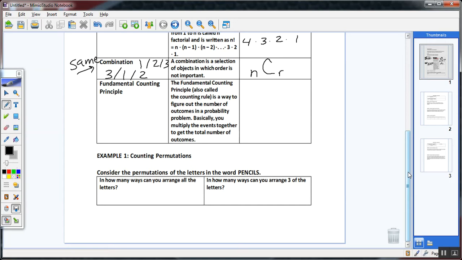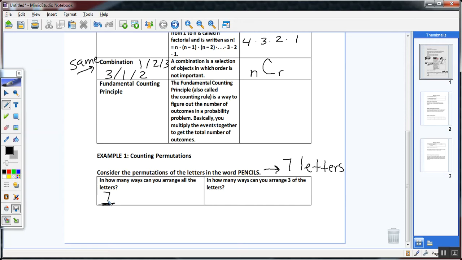Yeah. So it says, in how many ways can you arrange letters? When we talk about arrangements, that's saying we want to know how to arrange all the letters. Now, this one right here is talking about all, how many letters up here, kids? 7 letters. Okay. So what we would do here, kids, is this. My first letter, how many choices do you have to choose from? 7.